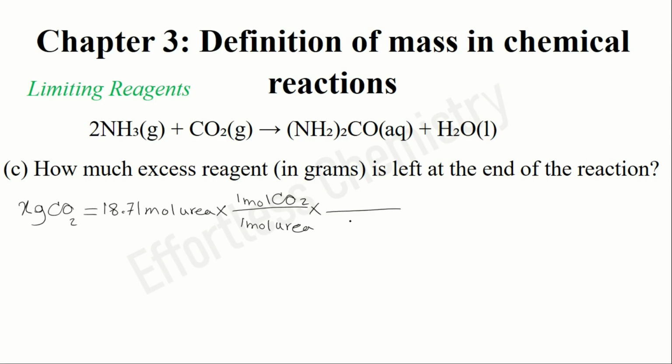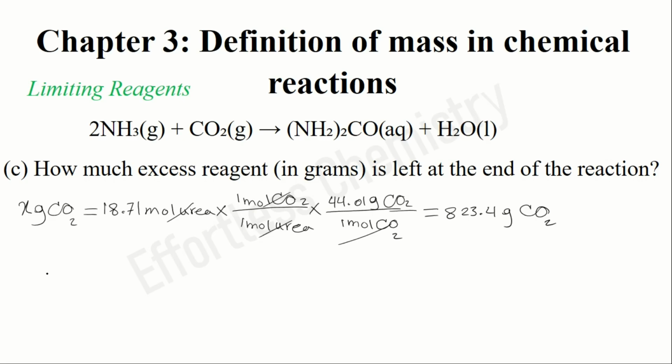Multiply by the molar mass, converting mole to gram: 1 mole carbon dioxide has a molar mass of 44.01 grams. The final result is 823.4 gram of carbon dioxide.